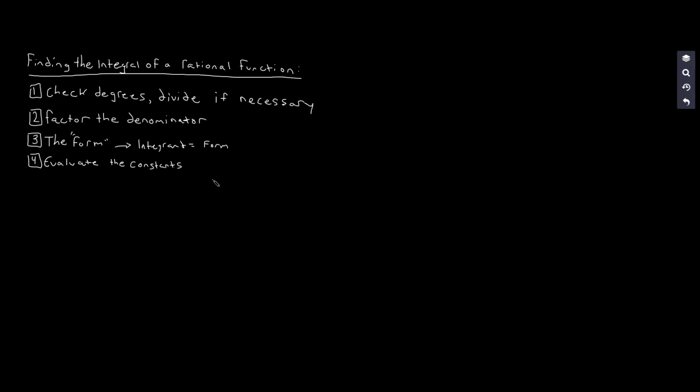And then you can express your integral as the sum of rational functions which either have constants on the top and powers of linear functions on the bottom, or it might look like a linear function divided by a quadratic function.